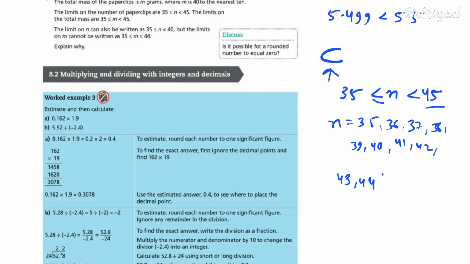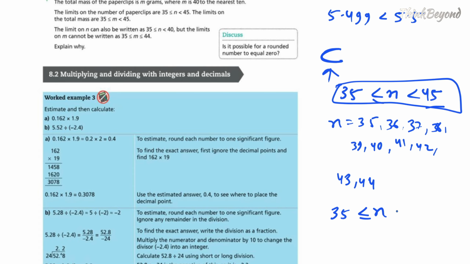Or equivalently, you can write 35 less than or equal to n less than or equal to 44.